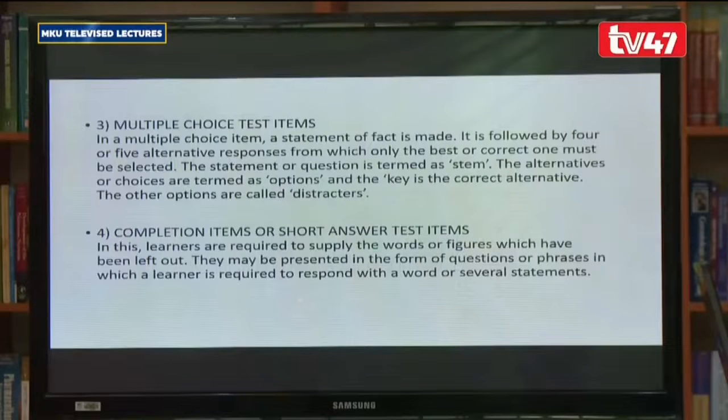In this kind of test, a statement of fact, or a factual statement, is made. It is then followed by a number of alternatives that are given as answers. These alternatives can be 3, 4, or 5, depending on what the teacher wants to test.